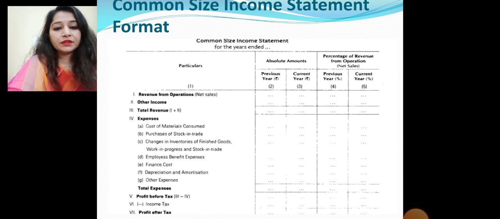And fifth point is profit before tax. It means total revenue minus total expenses. Then profit before tax will come, and after that income tax will be deducted from profit before tax, and the final amount which we will generate is profit after tax.